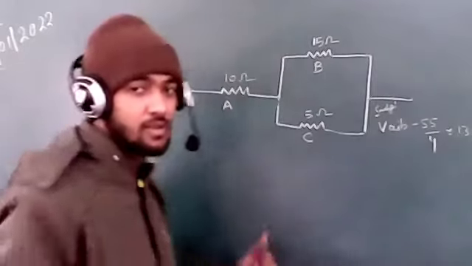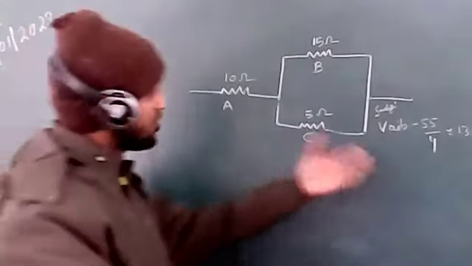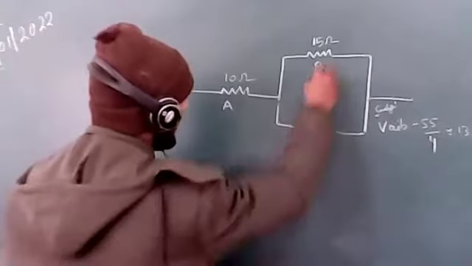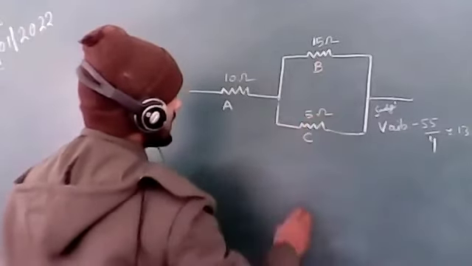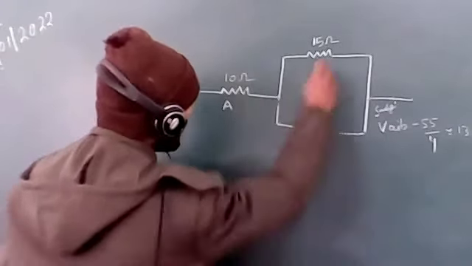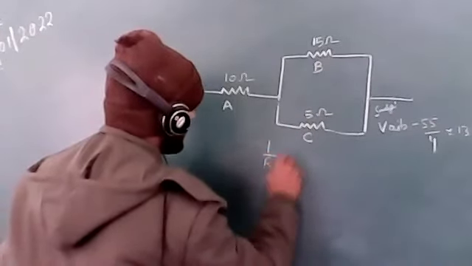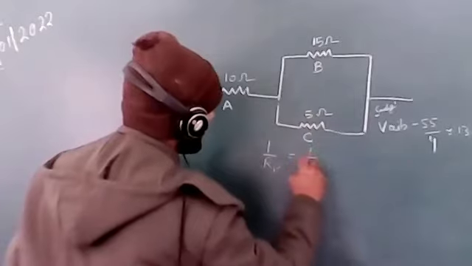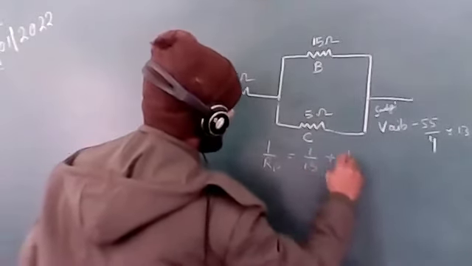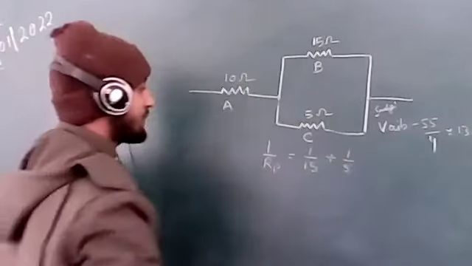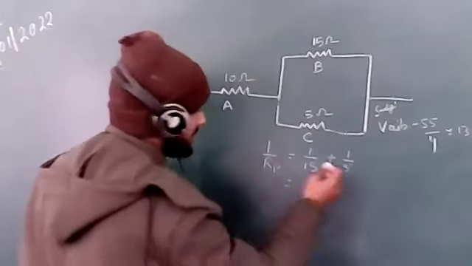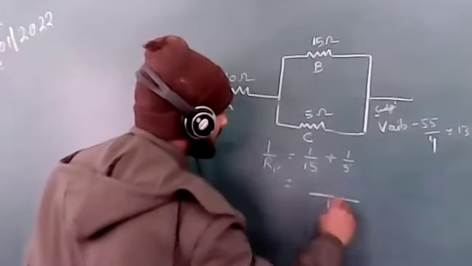So we will solve and verify the answer. First we will solve B and C, which are connected in parallel combination. So for parallel, 1 upon Rp is equal to 1 upon 15 plus 1 upon 5. Now, the LCM of 15 and 5 is 15.